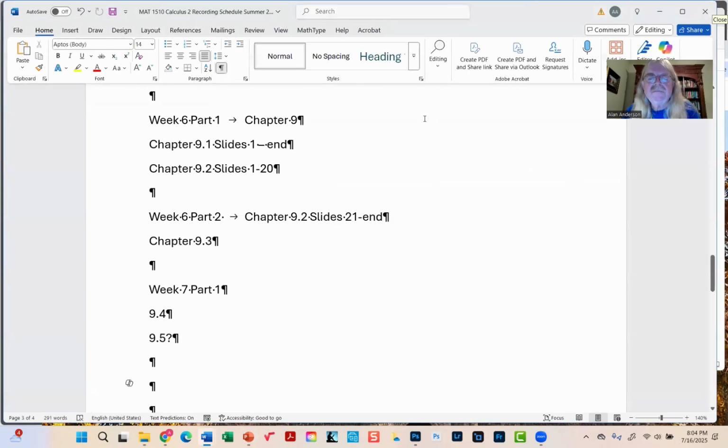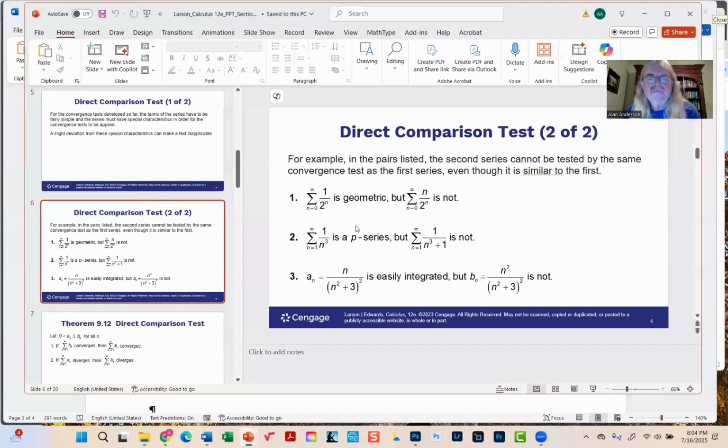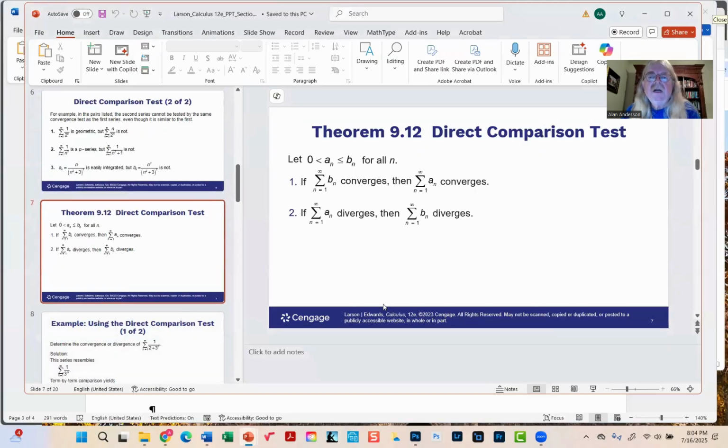Okay, so then let's get back to 9.4. Now, direct comparison. Sometimes the only option you really have is to take your series and compare it to something else, where we can make statements such as one series is always greater than the other on a term by term basis, or one is known to diverge, and that kind of thing.